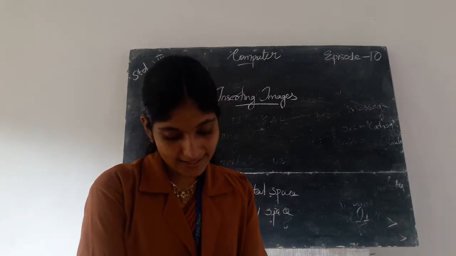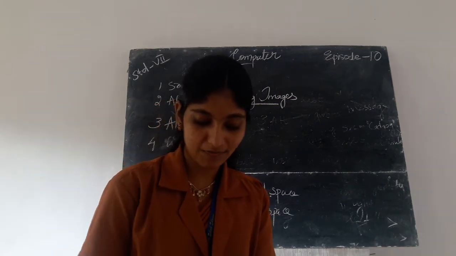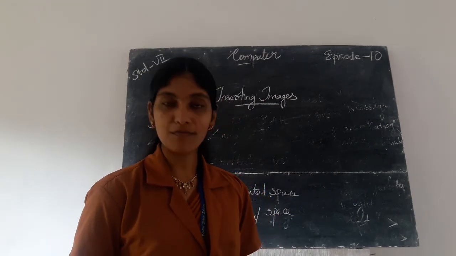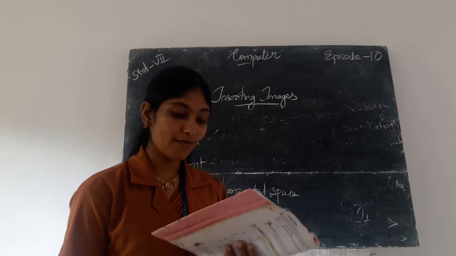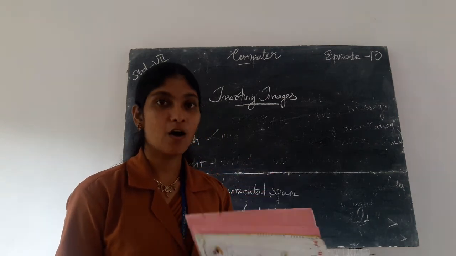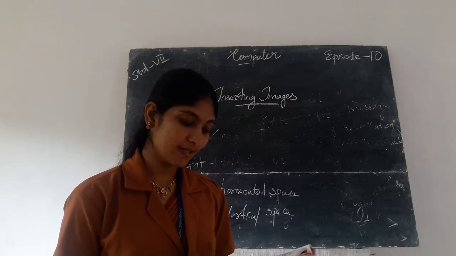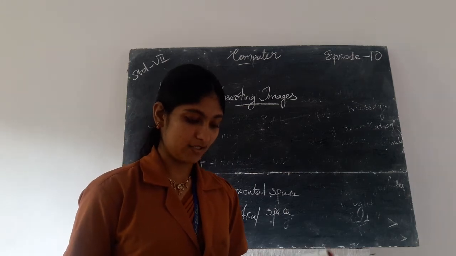So here is an example to insert a picture in a web page. This is the picture of Albert Einstein, page number 51. So you have to insert the picture of Albert Einstein and write a brief message.